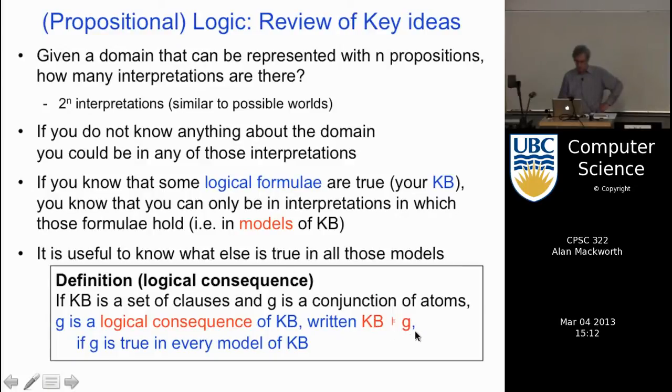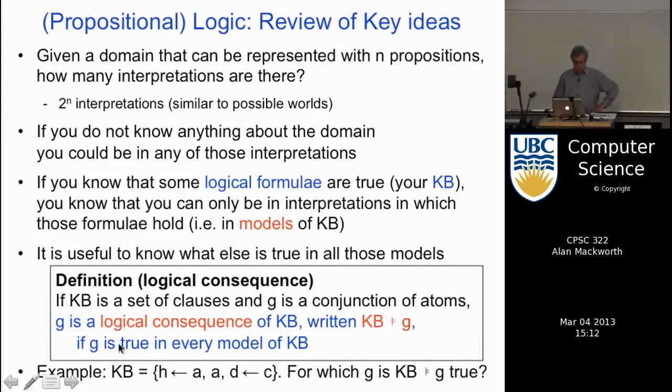So just read this as G logically follows from the knowledge base. You can read it as KB semantically entails G, but that's a little awkward, so we usually just say G is a logical consequence of the knowledge base. And that's just a definition. This statement holds if G is true in every model of the knowledge base.